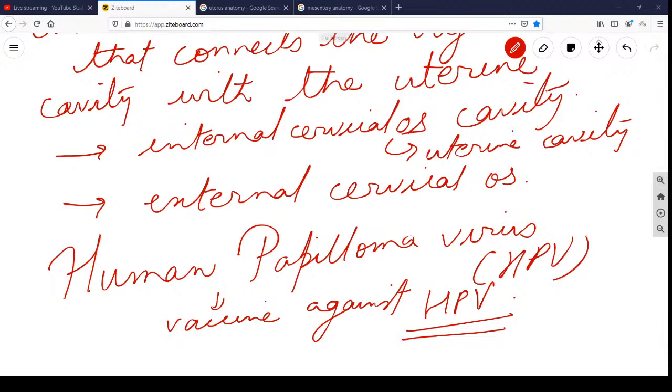These are usually not a problem, but they can be removed by heat cauterization, by freezing of the tissue, or with laser beams. Cervical polyps appear as tear shaped growths extending into the cervical canal, and these polyps are benign.